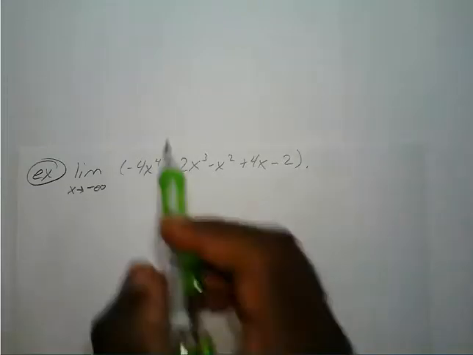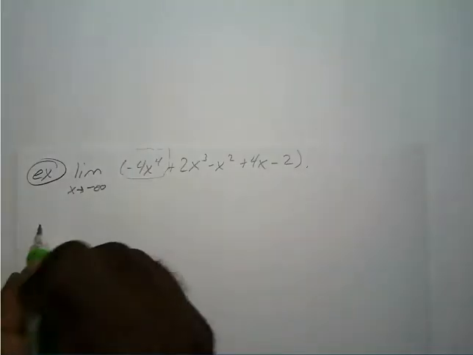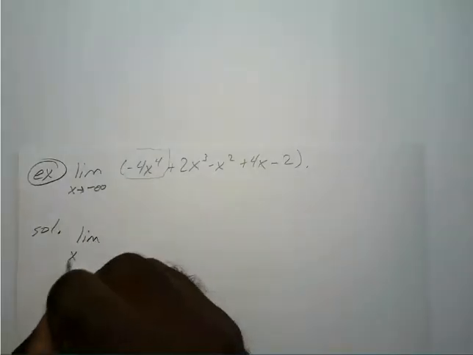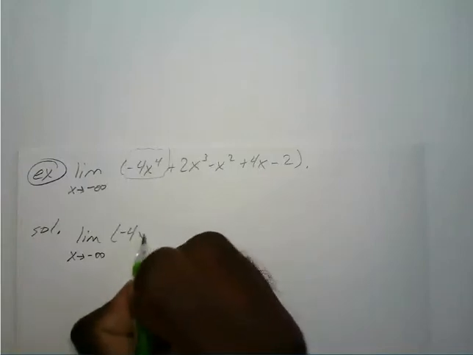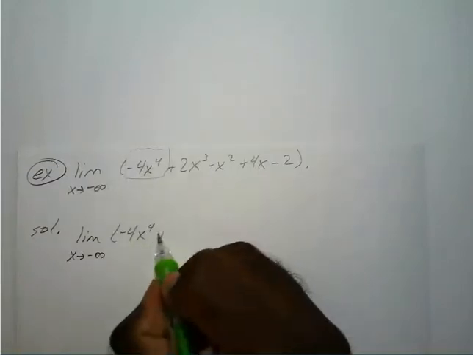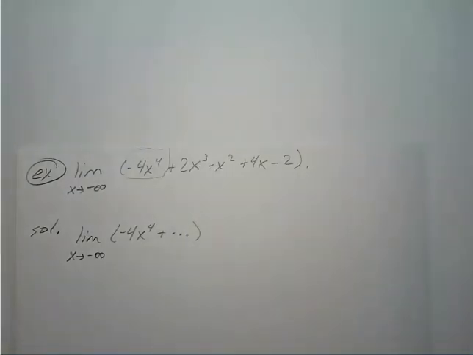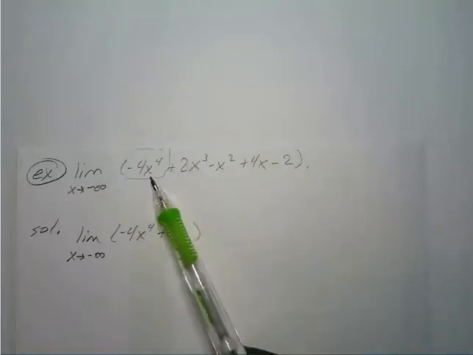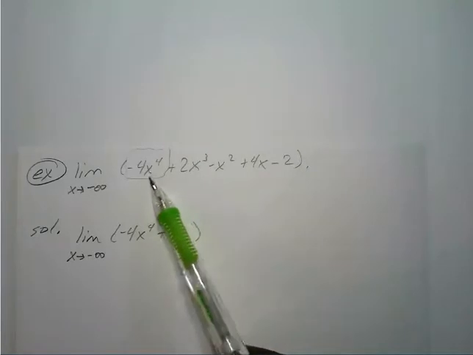All right, so once again, we just worry about the leading term. So we have the limit as x approaches negative infinity of negative 4x to the fourth power plus blah, blah, blah, and so on. Again, this is the one that's leading the direction. All those others eventually are going to be so much smaller than this lead one. So this is the one calling the shots.